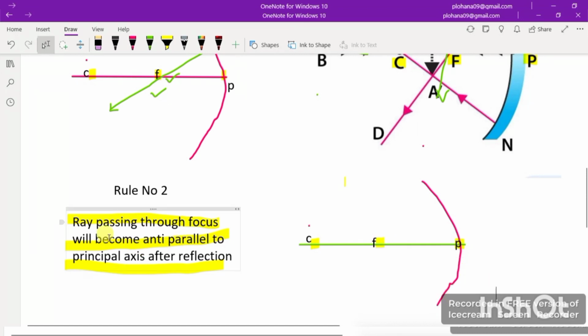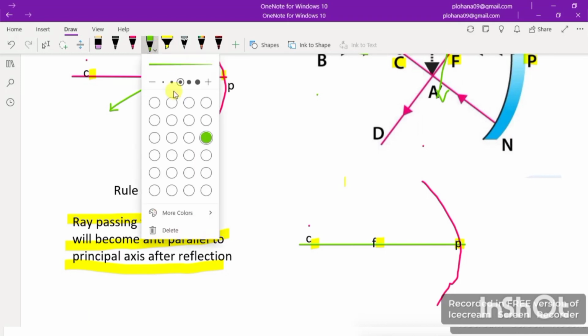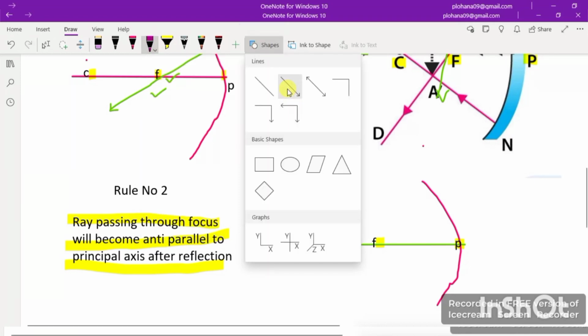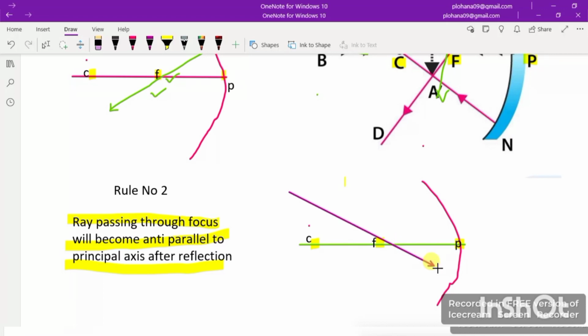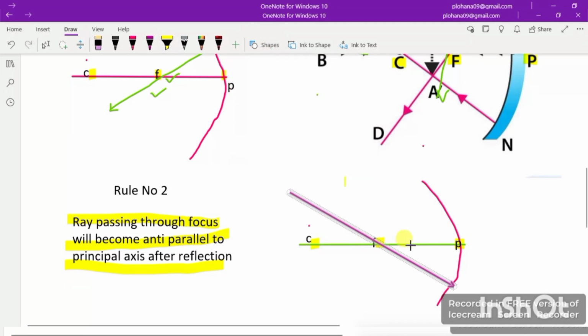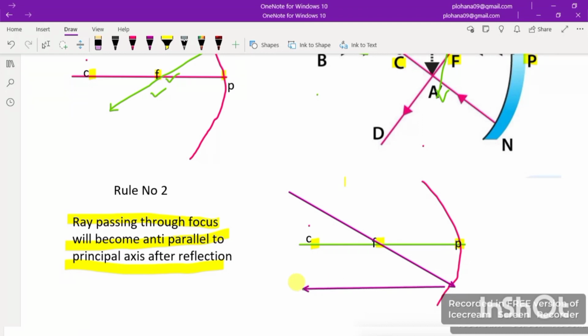So now what they are saying is a ray passing through the focal length. Wait, let me change the color. Let me make rays. A ray which is passing through the focal point, when it hits the surface, will reflect anti-parallel to the principal axis, right?